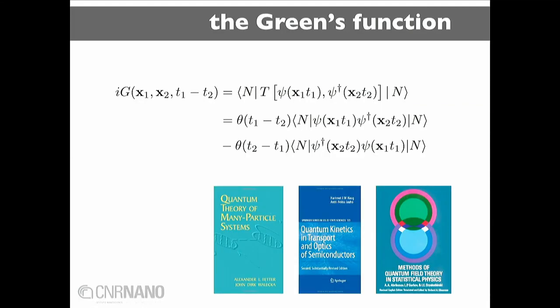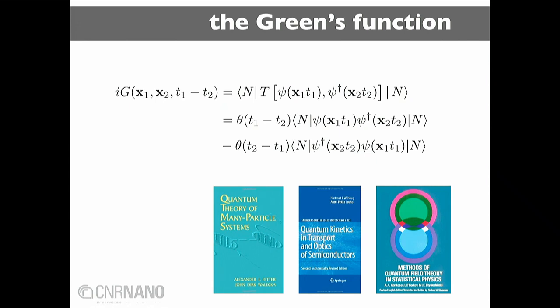So let's introduce the Green's function. We have seen this yesterday already. This is the textbook definition, the ground state expectation value of a time ordered product of two field operators, creation and annihilation fields. Time ordering means that we have basically two contributions. For T1 larger than T2, first we create a particle in X2 and we annihilate it at X1.